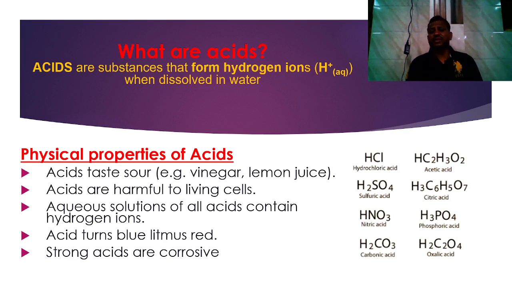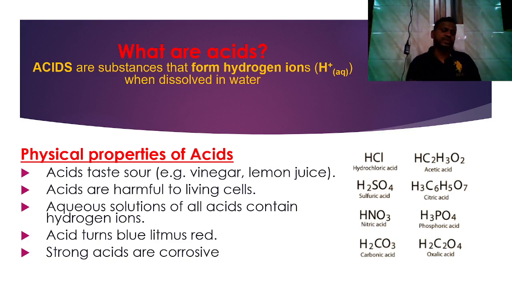We know there are different types of acids: hydrochloric acid, sulfuric acid, nitric acid, carbonic acid, acetic acid, citric acid, phosphoric acid, and oxalic acid. There are many types of acids we see.